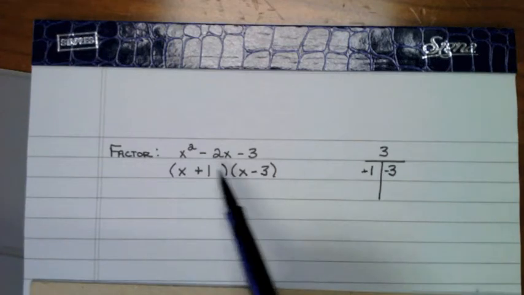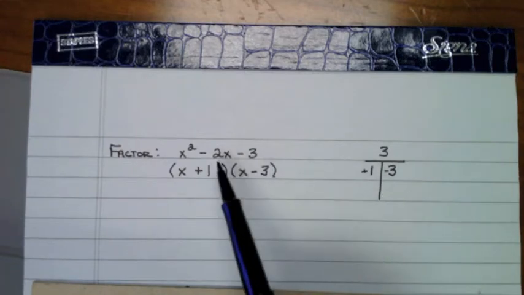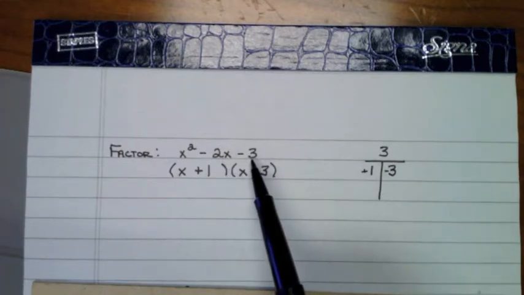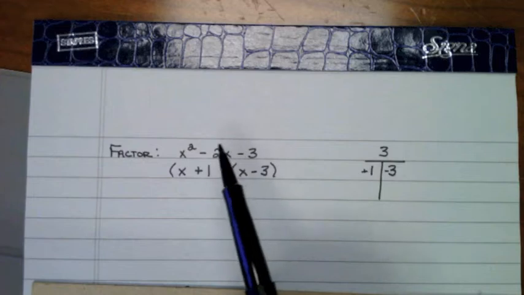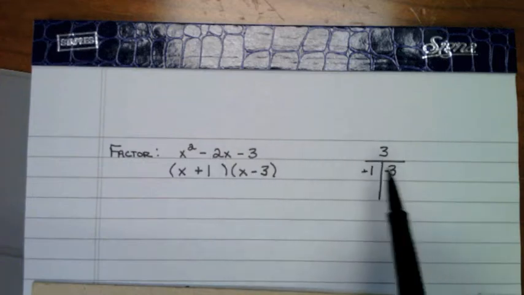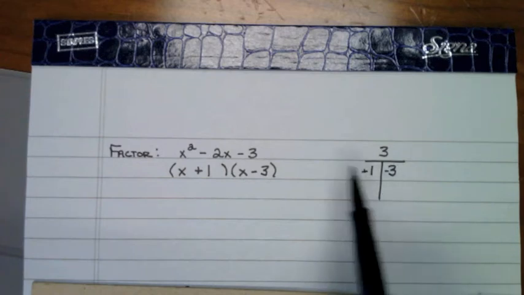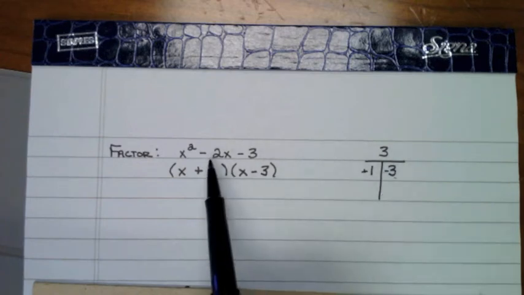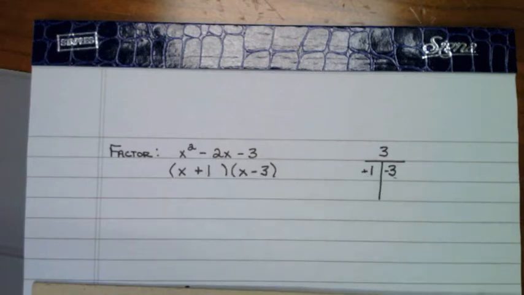When there are negative numbers in here, it can be a little tricky to figure out what numbers add up to be this one and multiply together to give you this one. That's the reason I say, is there any way I can add or subtract these numbers to get the middle one? When I say add or subtract, I mean put a positive or negative with one of these so that when I combine them together, I get the middle one, and multiply them together, get the one on the end.